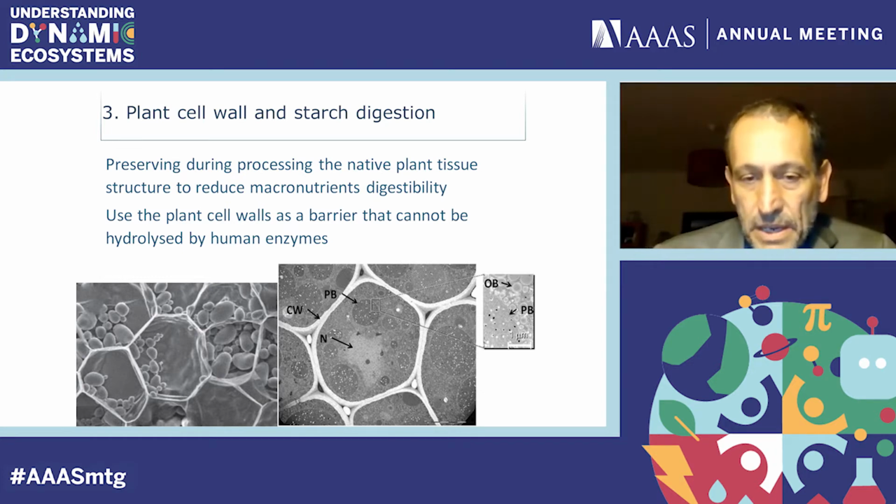If we have granules of starch within the cell walls, these granules are not easy to be reached by amylase, so glucose is not released and stays inside the cells. When these plant cells reach the gut microbiota, the bacteria have plant cell wall degrading enzymes, and they are able to access this starch within the cell, and they can grow on it.